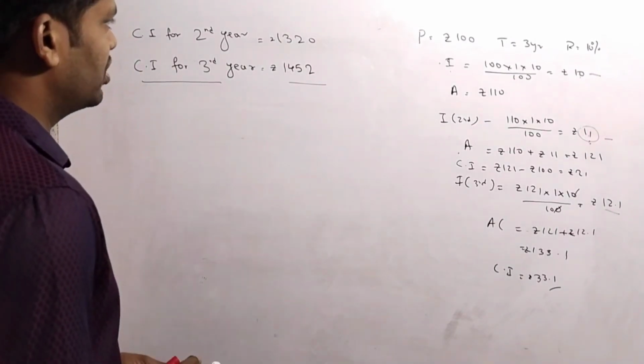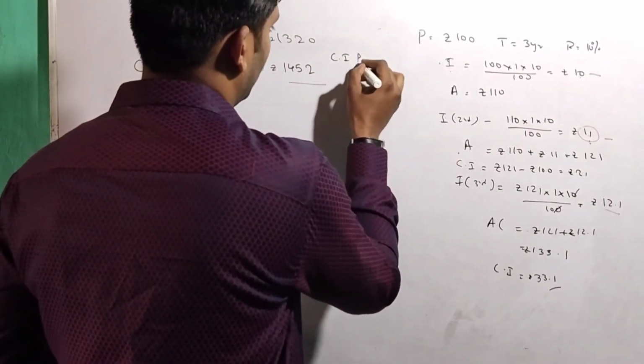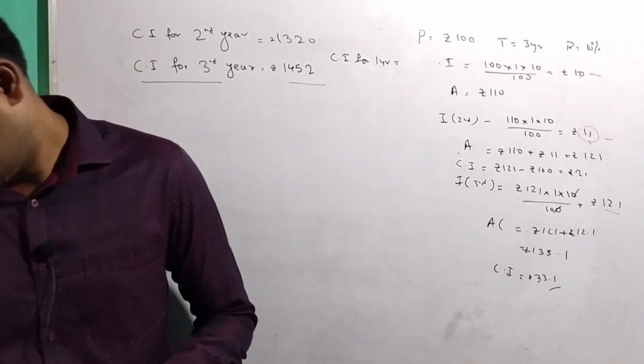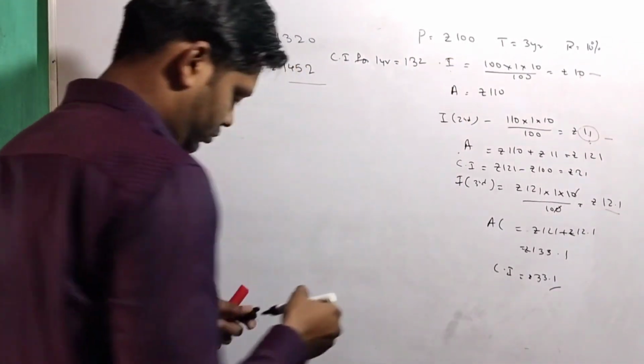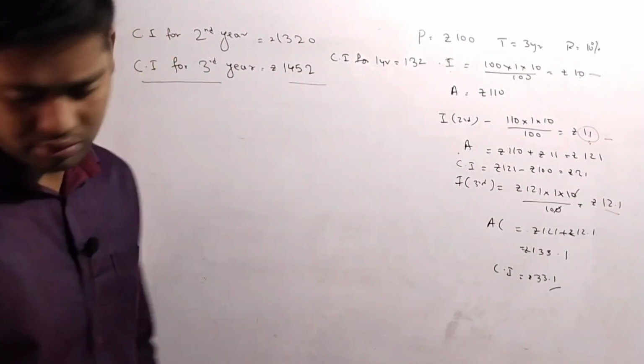Compound interest for 1 year I have already obtained. So CI for 1 year is 132, no? Now I have compound interest for 1 year.